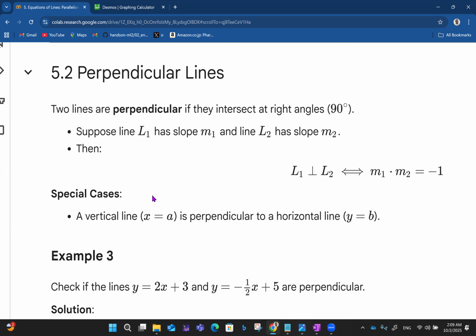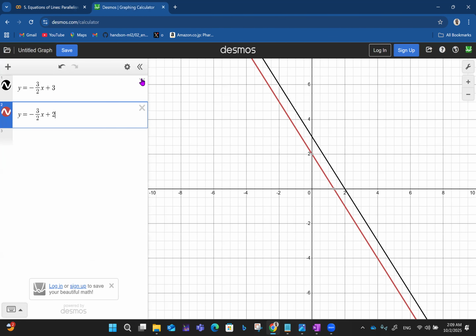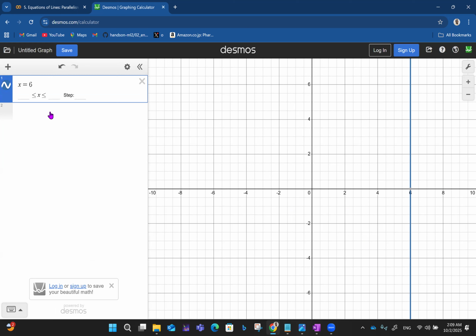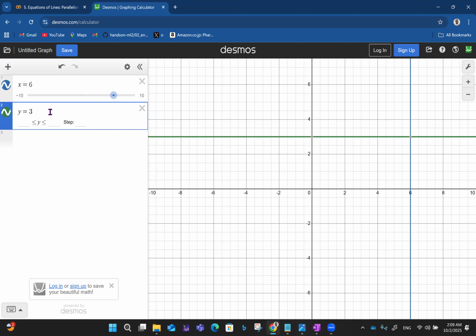In short, I think I can give a better picture when I go to the worksheet later. A vertical line x equals a is perpendicular to a horizontal line y equals b. Of course, that goes without saying. So if I have x equal to 5 or x equal to 6, and y equal to any constant, maybe y equals 3, you can see they always meet at 90 degrees.